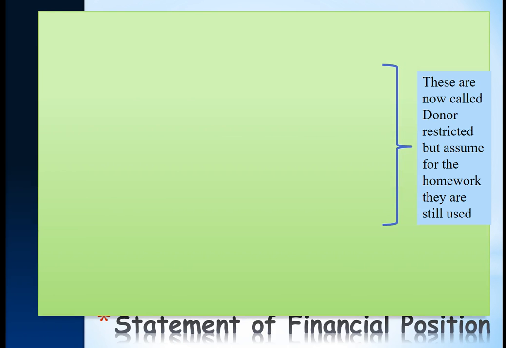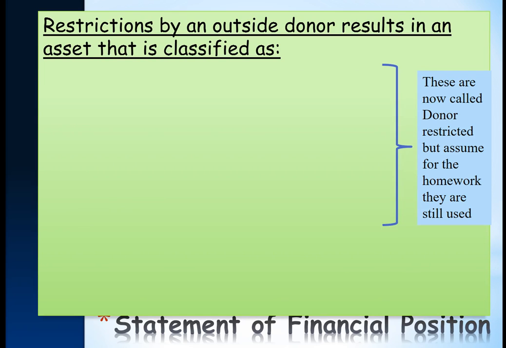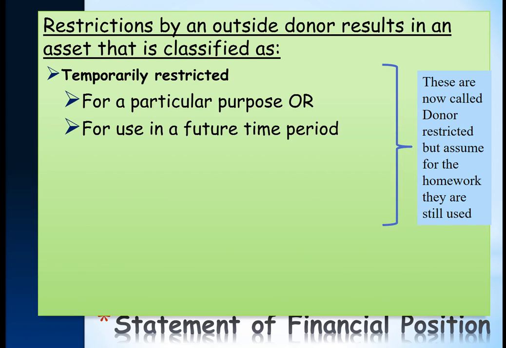All right, here are the requirements for items to be categorized. If it's temporarily restricted, it's for a particular purpose or for use in a future time period. An example would be they donate money specifically for helping people that lost their homes in a hurricane. Another would be it's limited to a scholarship fund, or it's limited to buying books for the library.